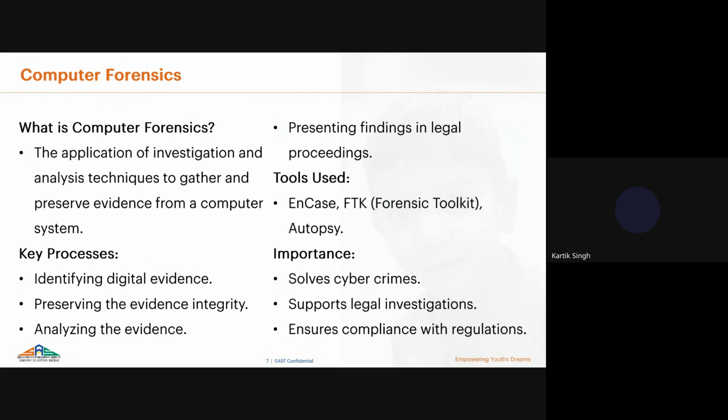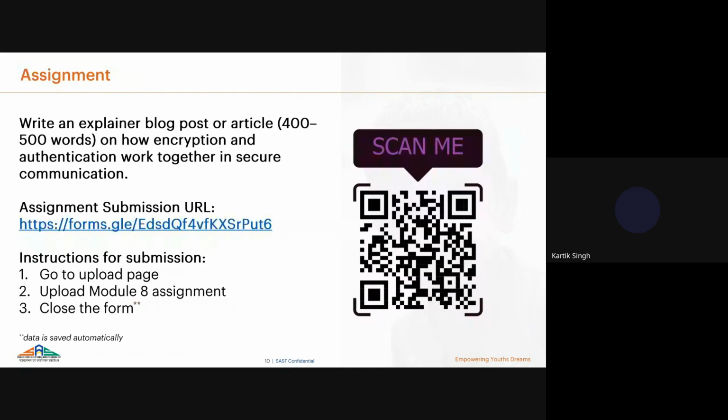Now, let's move on to our assignment for today. You have to write an explainer blog post or article of around 400 to 500 words on how encryption and authentication work together in secure communication.